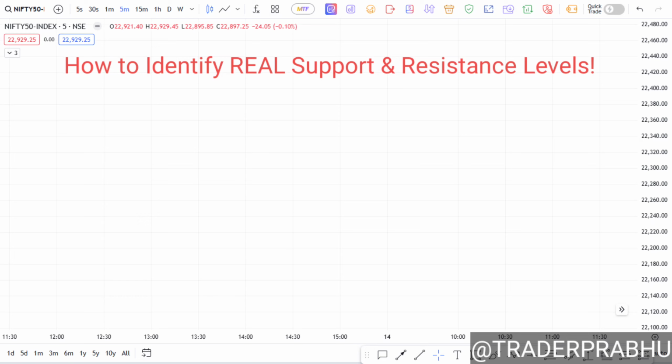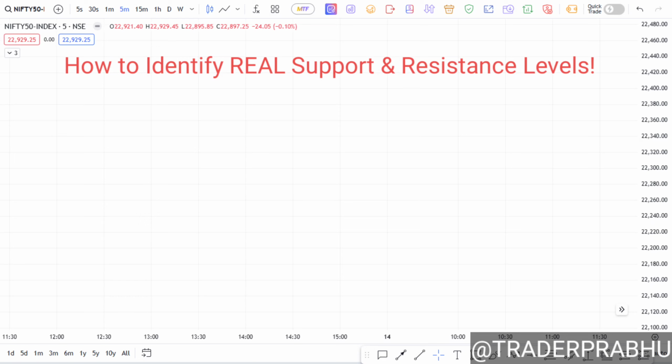Traders, now that you understand the concepts of support and resistance, it's time to find the real ones, not those random lines that some traders draw just because price touched them.